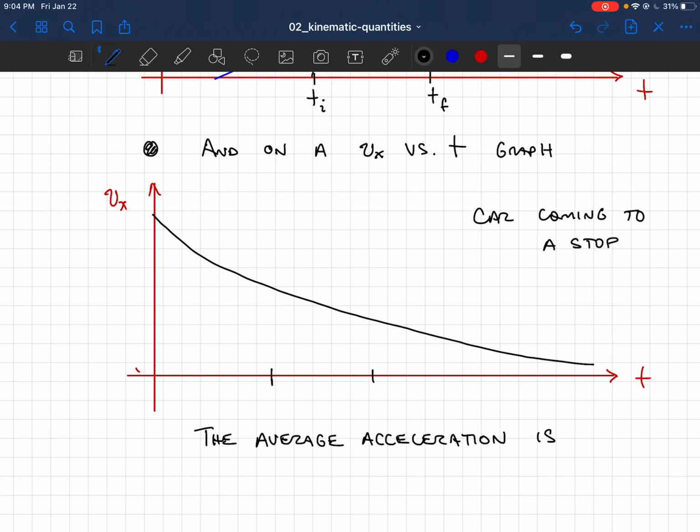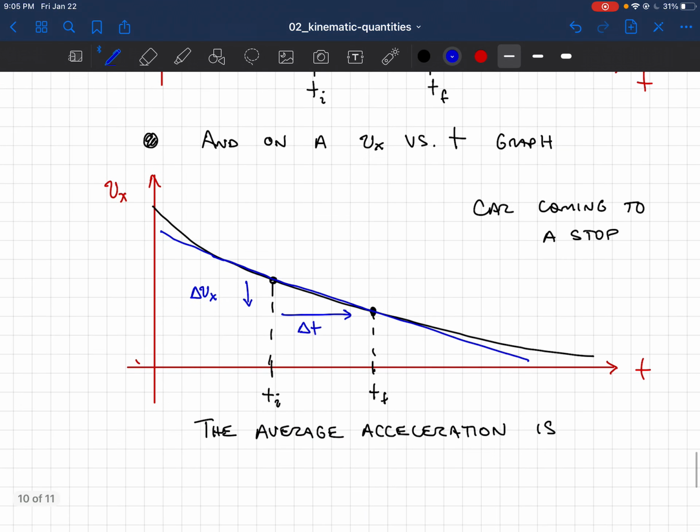Well, what happens if we connect points here? So if we have some t initial and t final, what's the slope in that case? So if we connect those points, well, the slope here is delta Vx over delta t. And what is delta Vx over delta t?